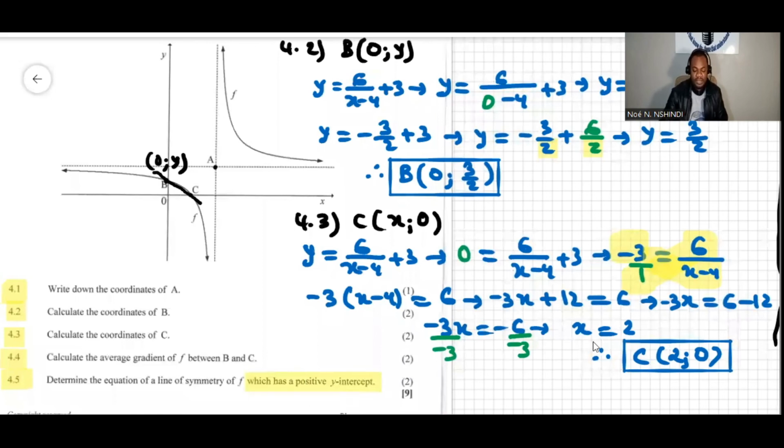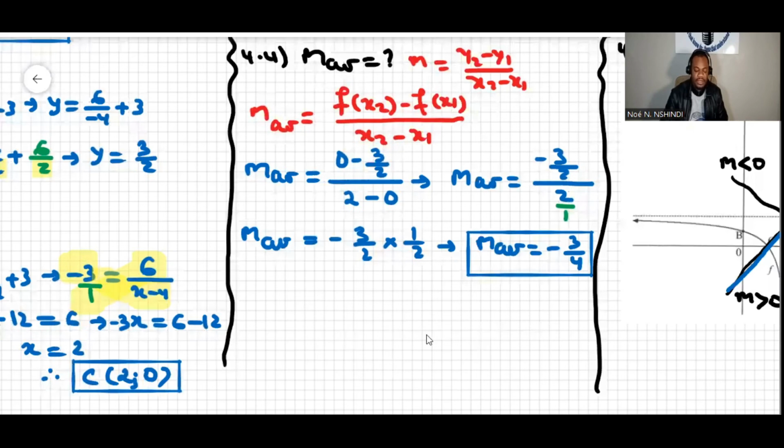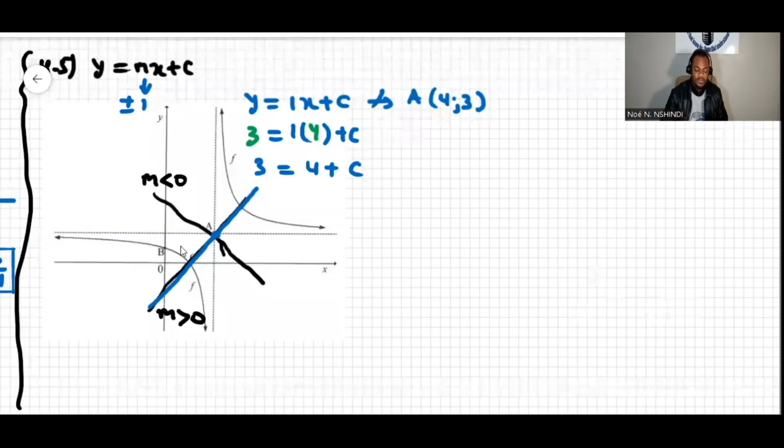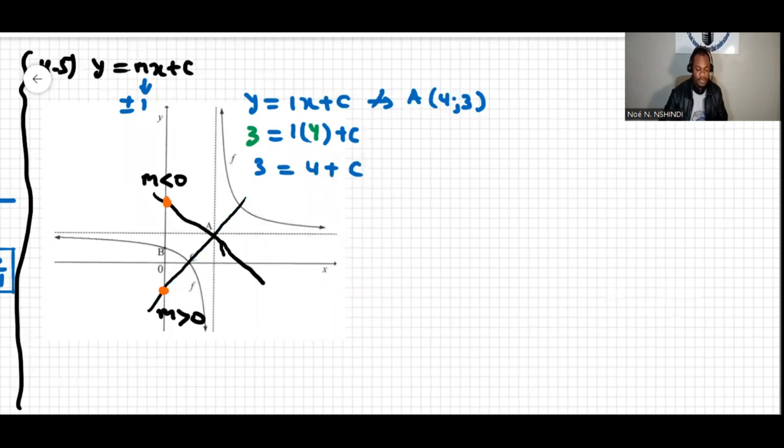If I look at this one, though it has a positive gradient, its y-intercept is negative, so it's not the line we're looking for. We're looking for this line here with a positive y-intercept and a negative gradient.